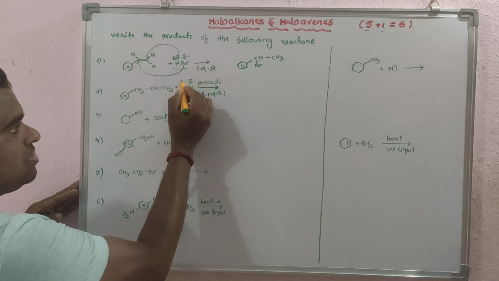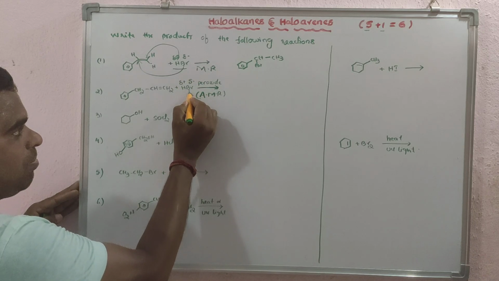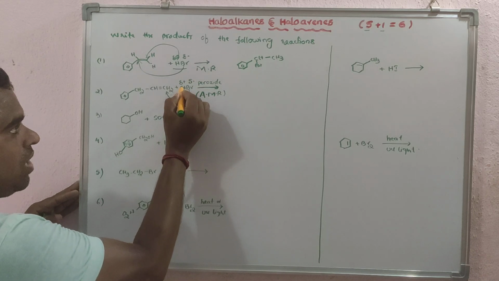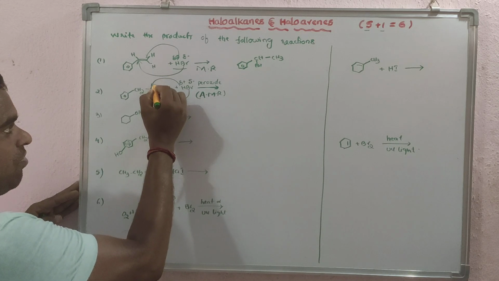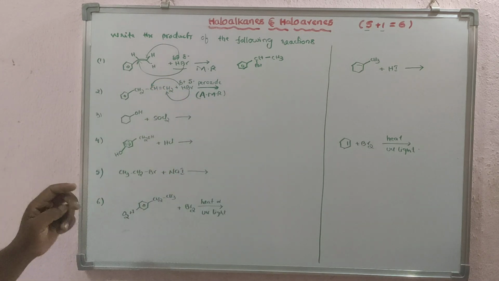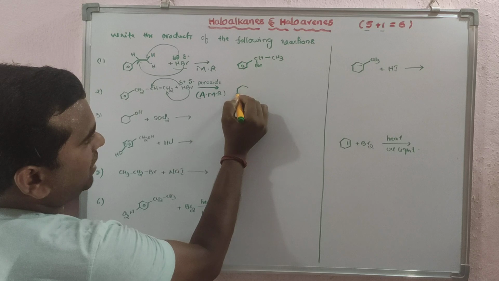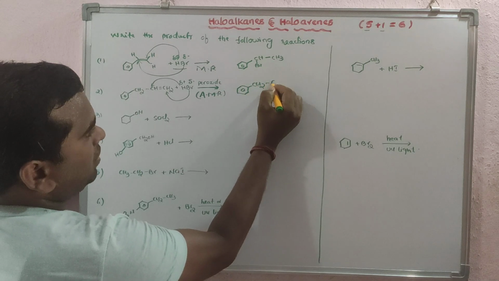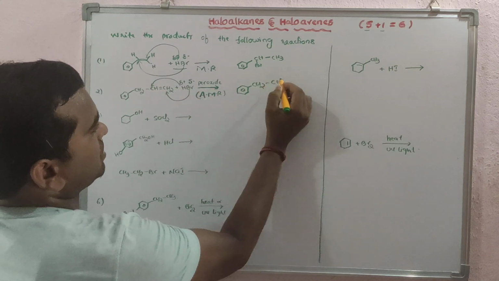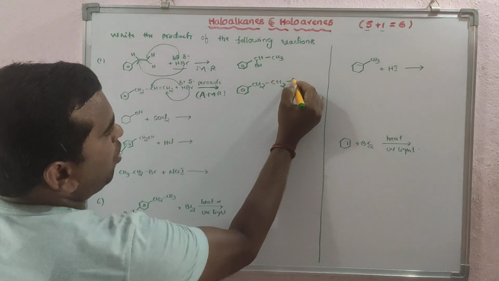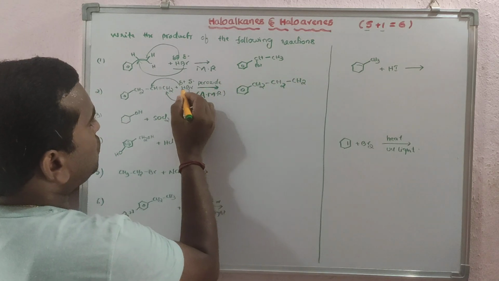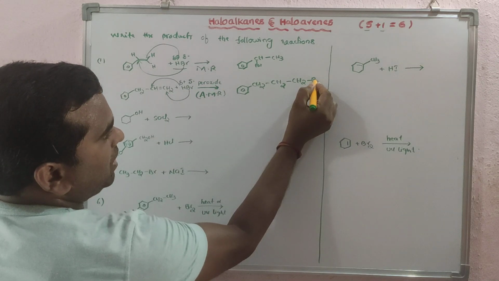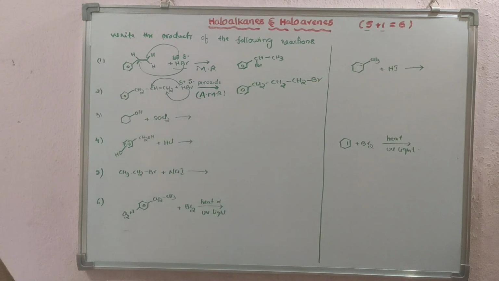The negative ion will be attached to the double bonded carbon where the number of hydrogens is more, and hydrogen will be added where the number of hydrogens is less. That is the anti-Markovnikov rule. If you write the product here, the double bond becomes a single bond, and Br will be added to the CH2. This is the product. Clear?